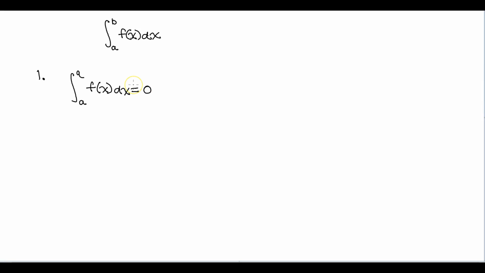Because if we draw a graph over here, this is A, this is B, from A to A, you're literally not catching any area. So by common sense, this integral should be 0. Let me just shade this in so we get our definition, area under the curve.